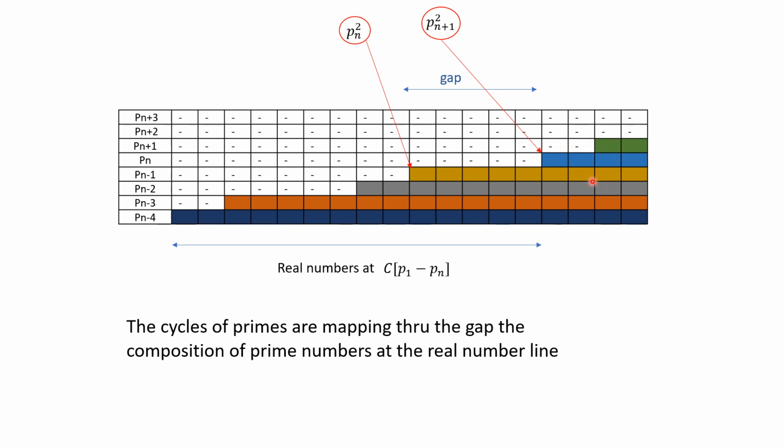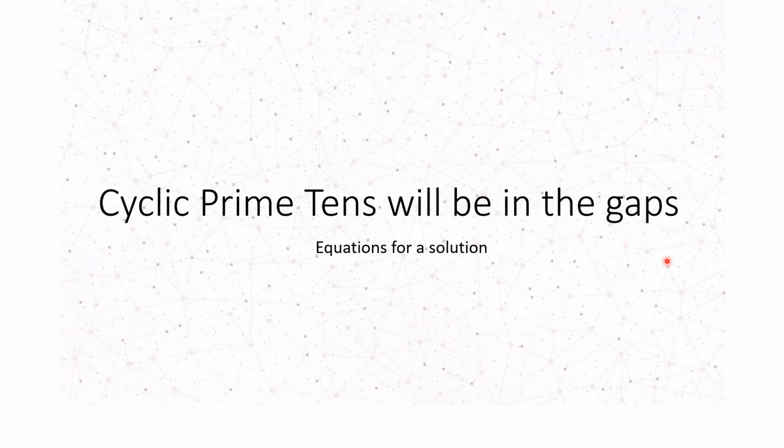And it continues so on. So with this study, we are proving that there will be cyclic prime tens or empty boxes in the gaps. If we prove that there will not be empty boxes in the gaps, we are proving not only the twin prime theorem, we are proving that there is an infinite number of prime quadruplets, and I will say that we will prove even more than that.